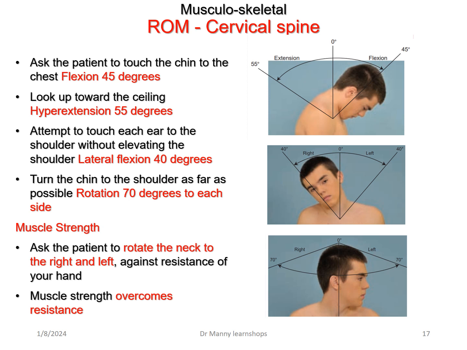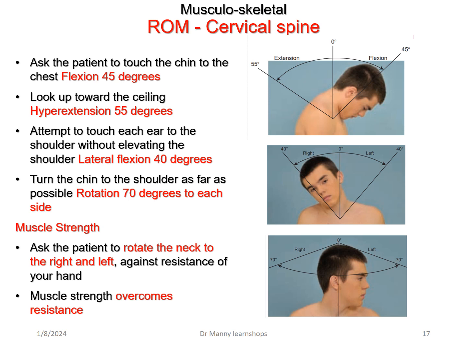As far as range of movement or motion of the cervical spine, you ask the patient to touch the chin to their chest, which indicates flexion at 45 degrees. You ask the patient to look up towards the ceiling, hyperextension, which will indicate approximately 55 degrees. You attempt to touch each ear to the shoulder without elevating the shoulder, which indicates lateral flexion, 40 degrees.